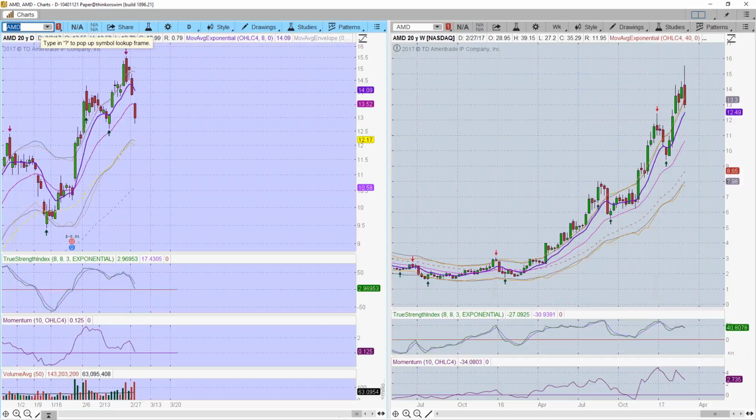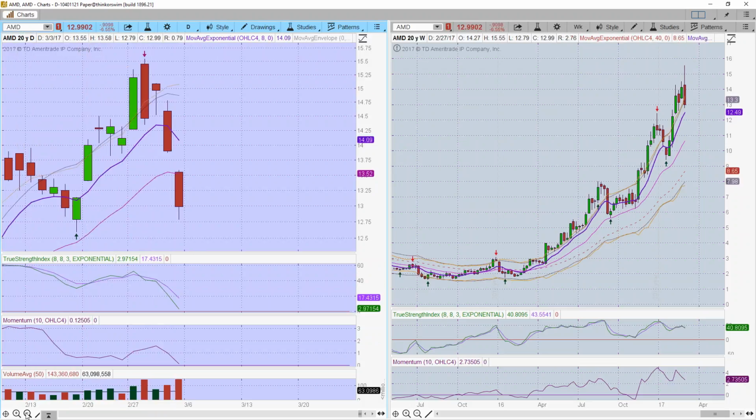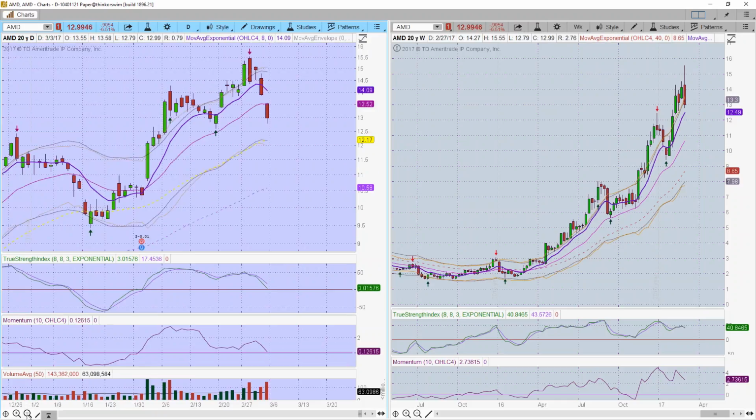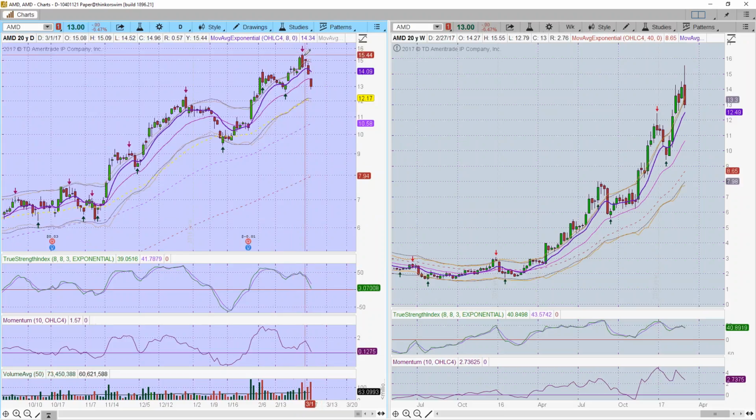AMD. Okay, Bruce, this one is definitely getting some gap downs. It had some very traditional negative divergence as it was making this new high.